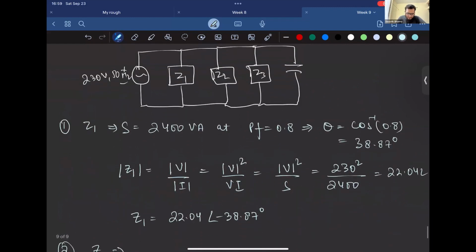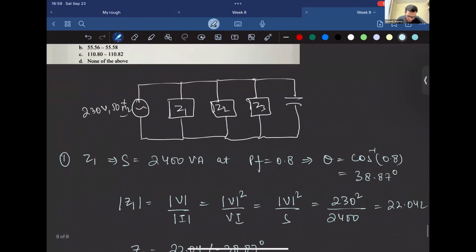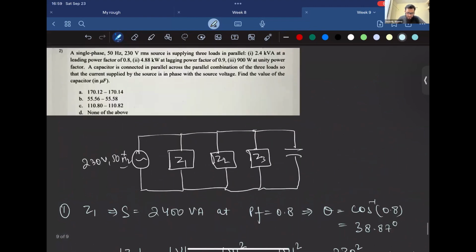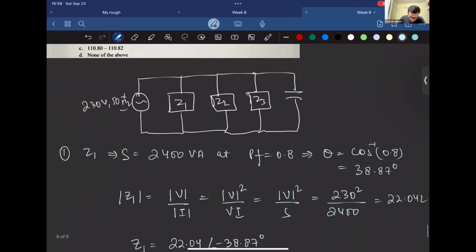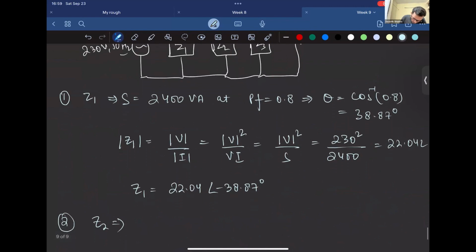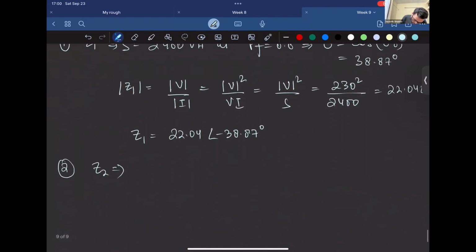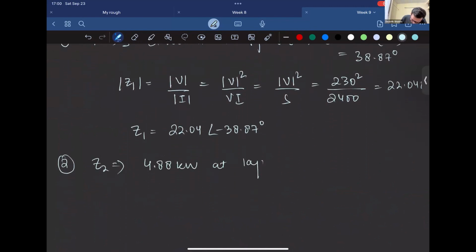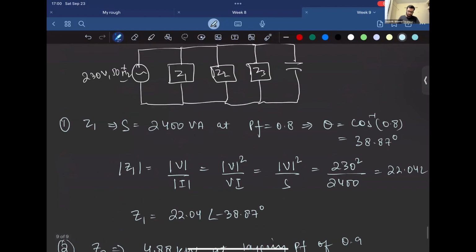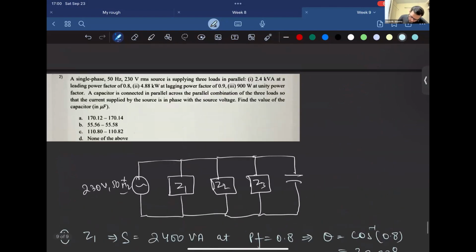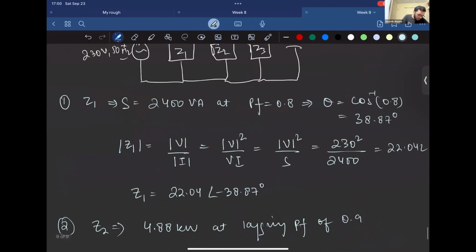So can we go ahead and do this question? Z2 is 4.88 kilowatt at a lagging power factor of 0.9. So tell me quickly the value of Z2. Theta is cos inverse 0.9.